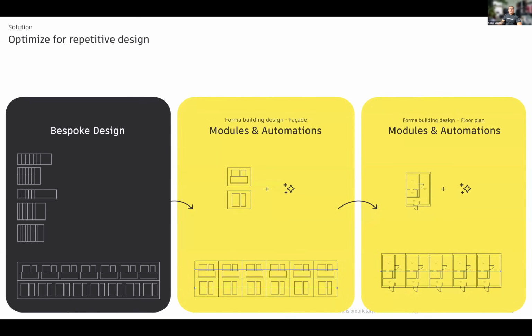So what we're attempting to do now is to change that. Our approach is to build a tool that supports repetitive elements in modular design distributions, allowing you to design with more intent from the very beginning. You can create automated modules, define repetition rules, and let the system regenerate changes as form and proportions are adjusted.